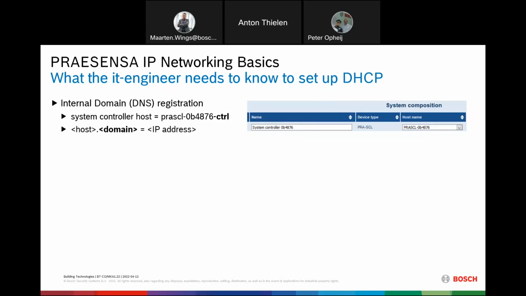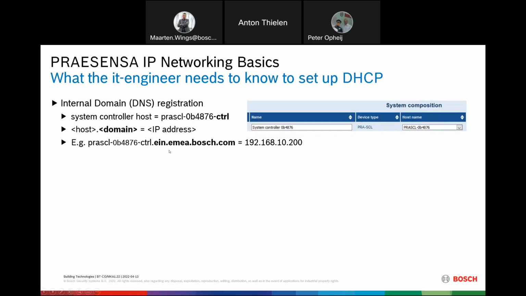So you do not do any IP assignment by yourself here, but that's something which, based on the domain which you are using, you can set up in the DHCP server and DNS server. For example, here we have a system controller in the Bosch domain, and then the DHCP server of the company could assign that IP address to it.